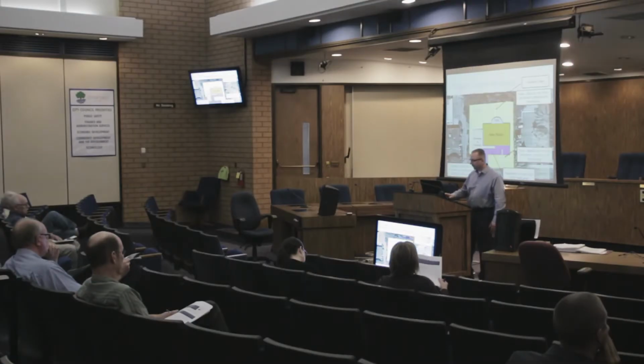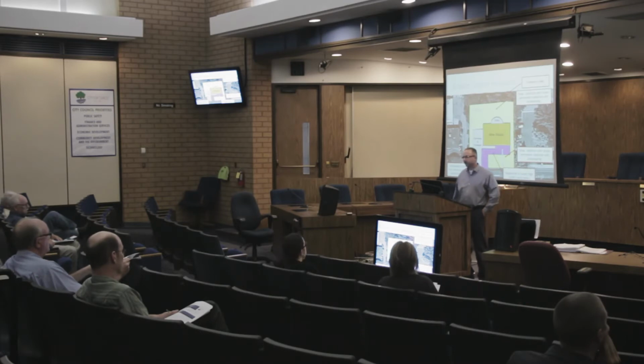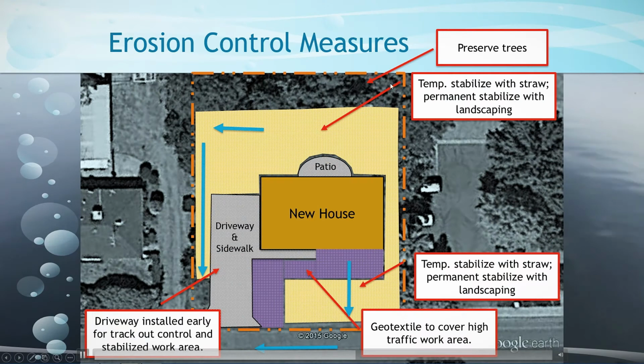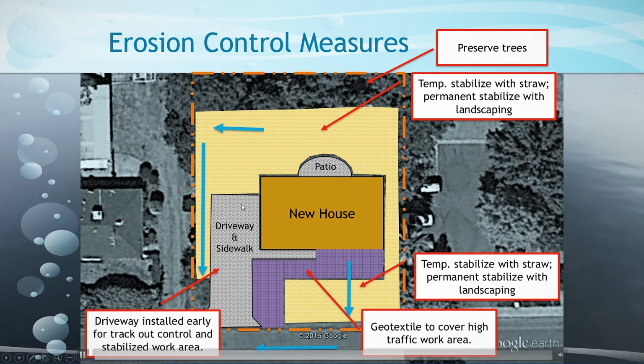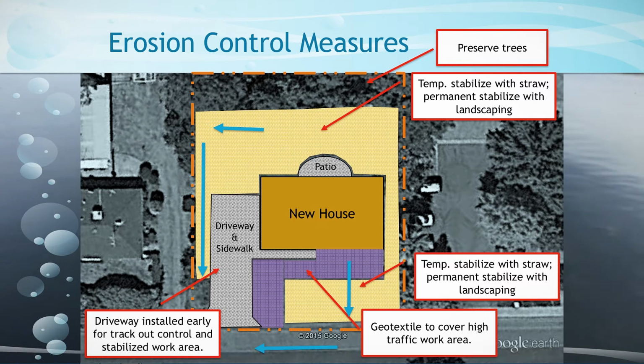So what would that look like on our plan? And up on the screen, show some of this. So we show how we're preserving the trees right here. And then we show in the backyard and front yard and even side yards, we show our straw. Again, this is just hand broadcasted out. We show our driveway and sidewalk that was installed early on in that project.